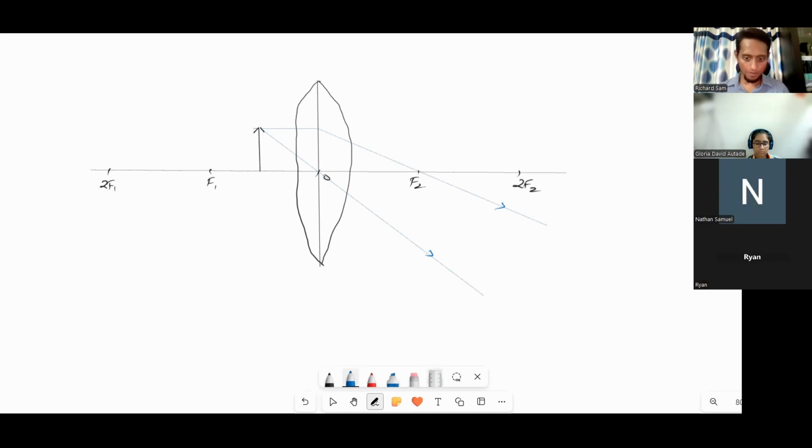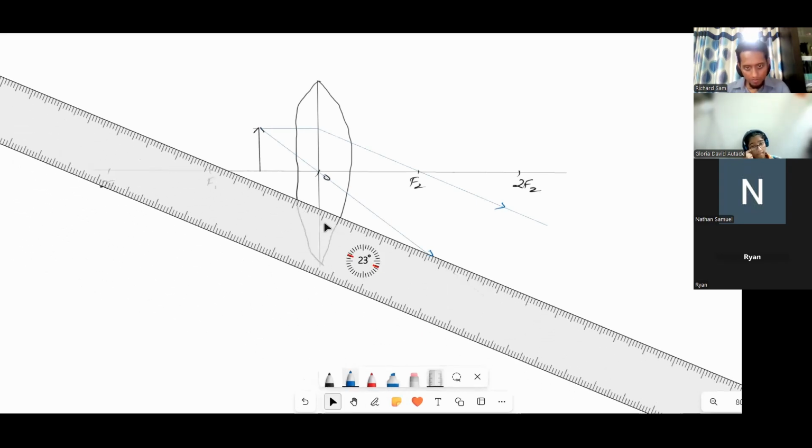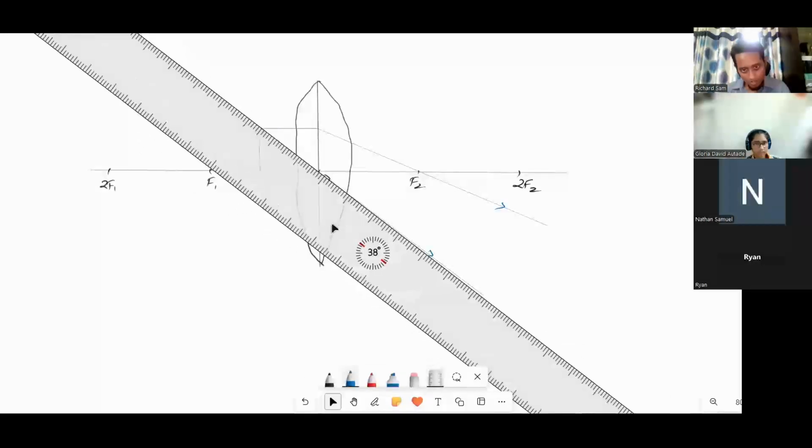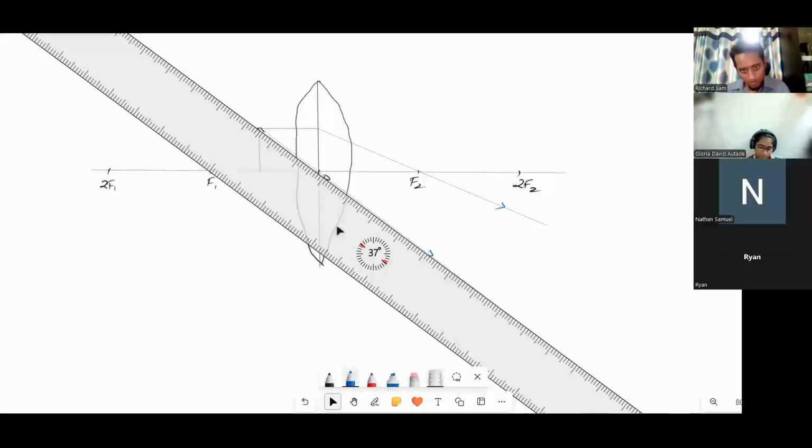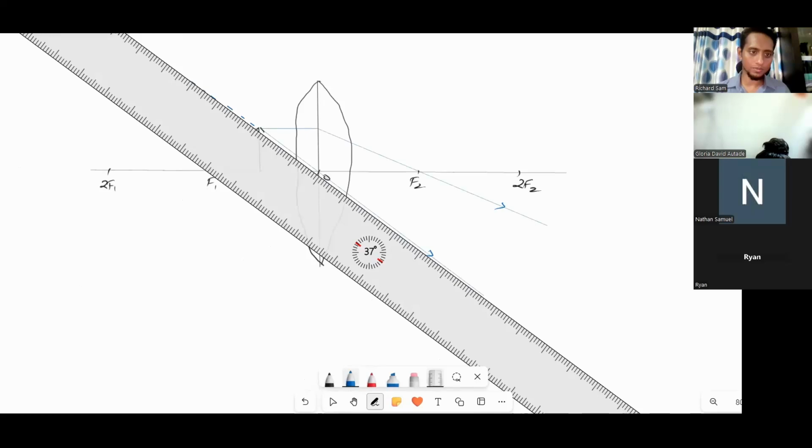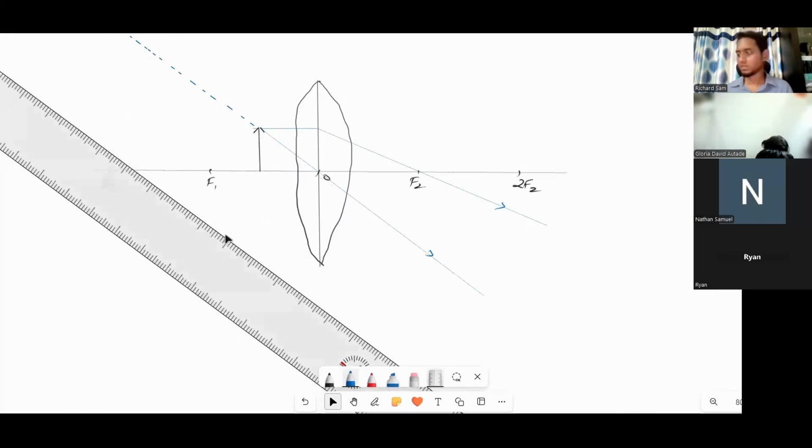Take your scale, keep it in the same direction as the ray you've drawn, and then extend it backwards with dotted lines. Like this. Got it?